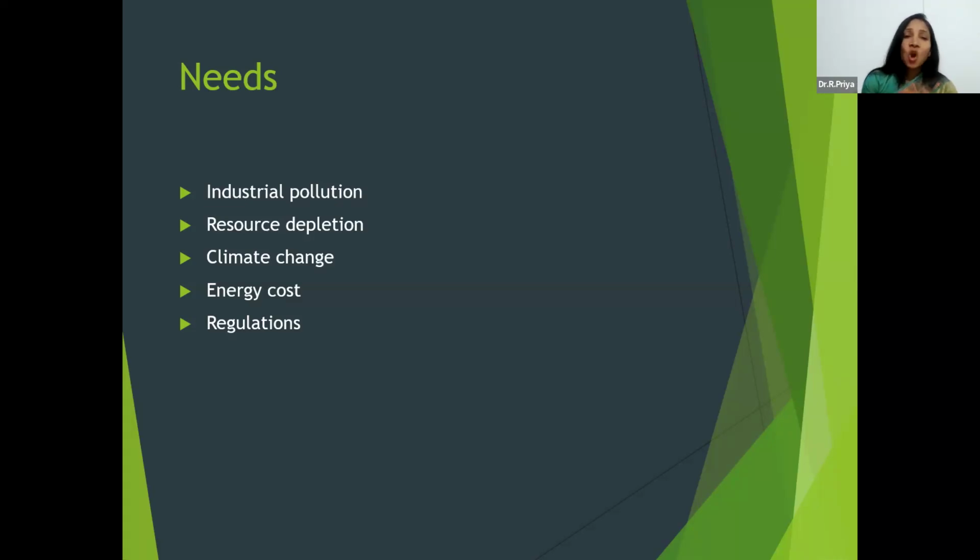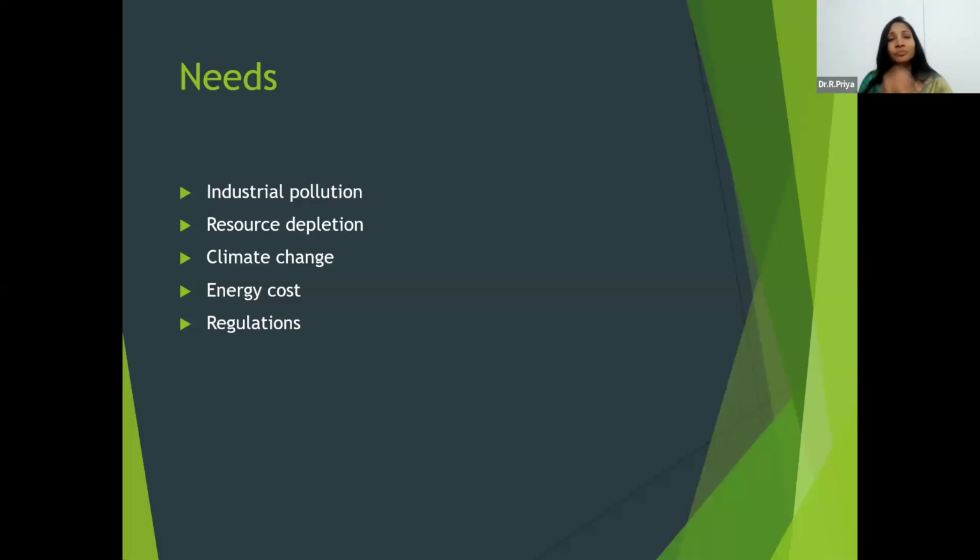Then energy cost is increasing worldwide. Green manufacturing focuses on energy efficient machines, especially automation, and renewable energy, which helps companies reduce operating costs while being environmentally responsible.